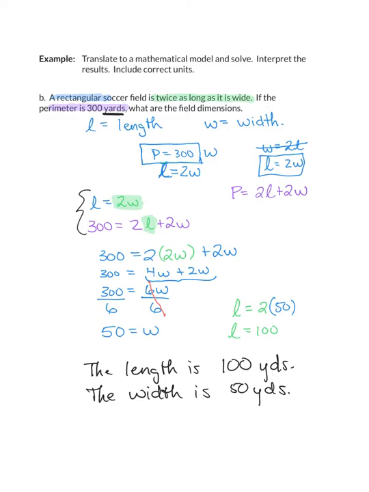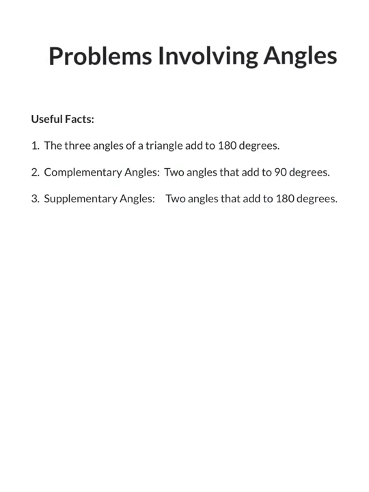Okay, so now let's talk about some other classic application problems. Some other classic ones involve angles. So there are 3 different things that we're going to want to know about angles. The first one is the 3 angles of a triangle add to 180 degrees.